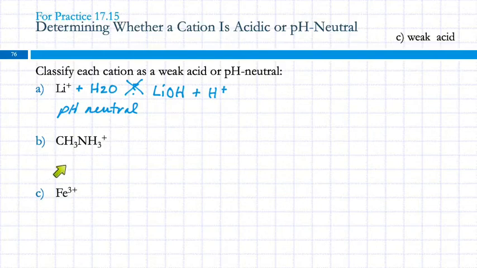Now this guy. What's the magic element in here? The N. It's an amine. It's got a positive charge. It's got hydrogens there. So what if this loses a hydrogen ion?